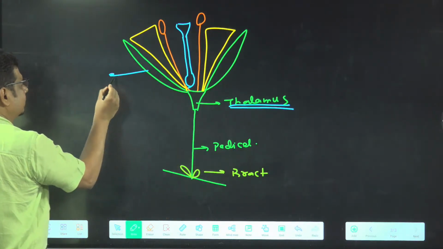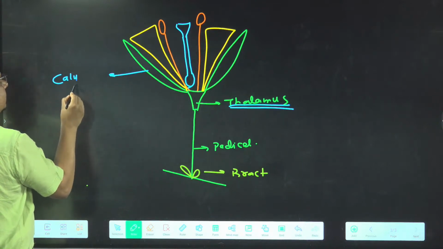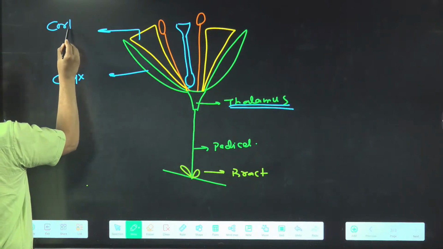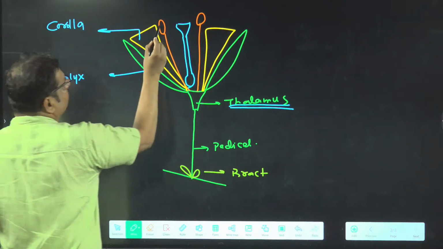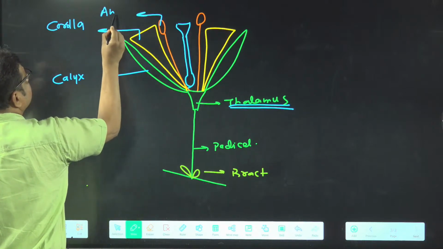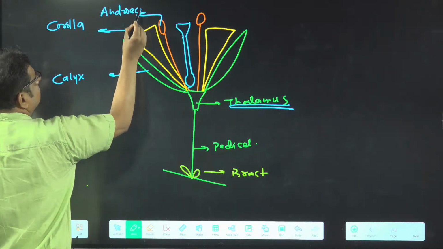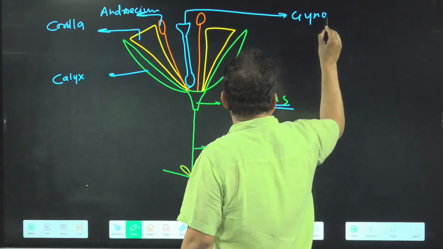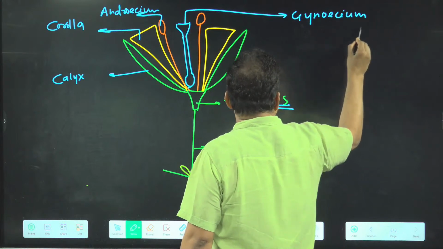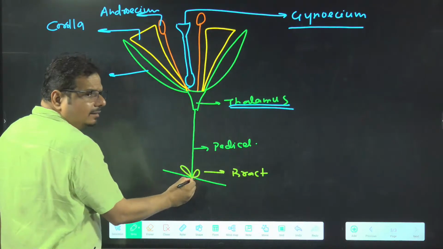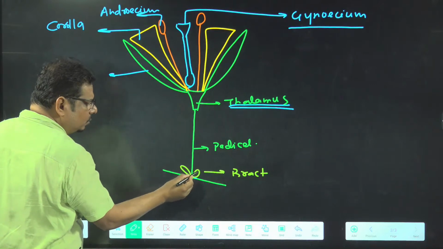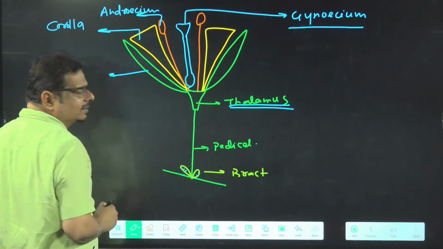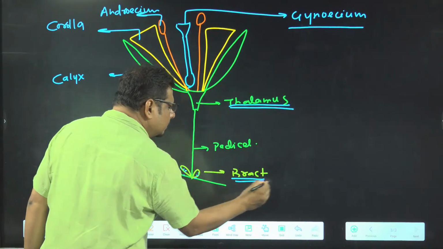This thalamus is also called the receptacle. So this is calyx. All this is 9th class information; you know it from the 9th class. I also know it. Corolla, but you have to look at it. And here it is androecium, and this one is gynoecium. Now in the base of the flower, a small leaf-like structure arises, and that is called bract.